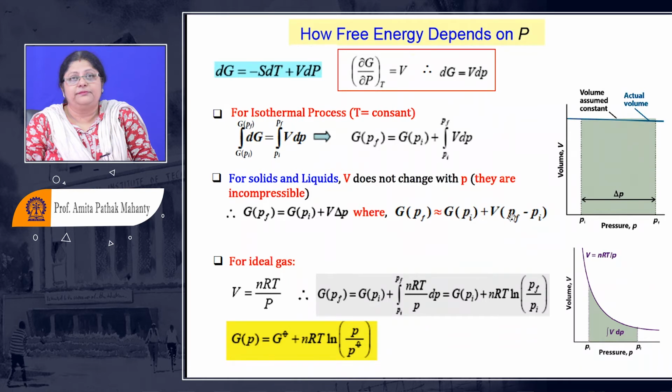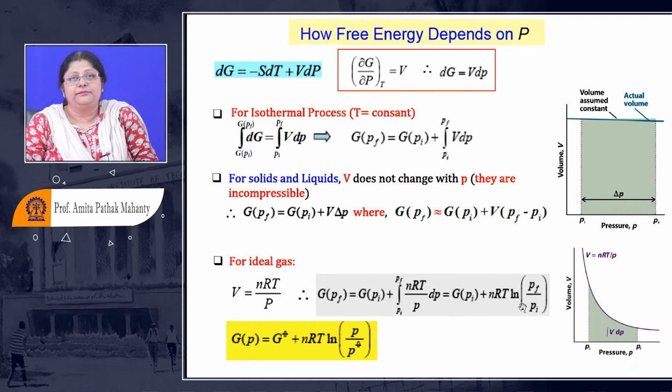This is only valid when you have a solid or liquid. But if you have a gas, then this is what we are going to use, and here we replace V using the ideal gas equation. This gives the expression nRT ln of P2 over P1, where P2 is the final pressure and P1 is the initial pressure. Here we have called them Pi and Pf.